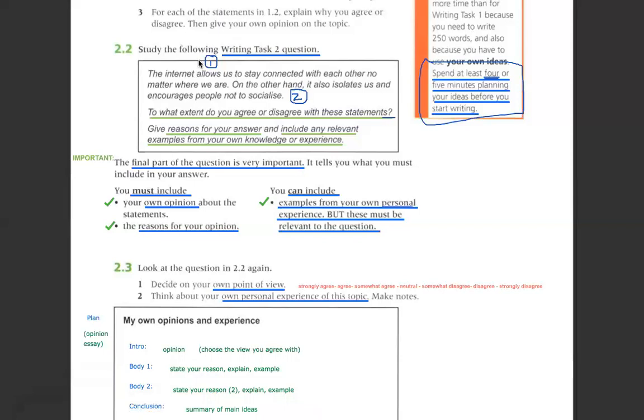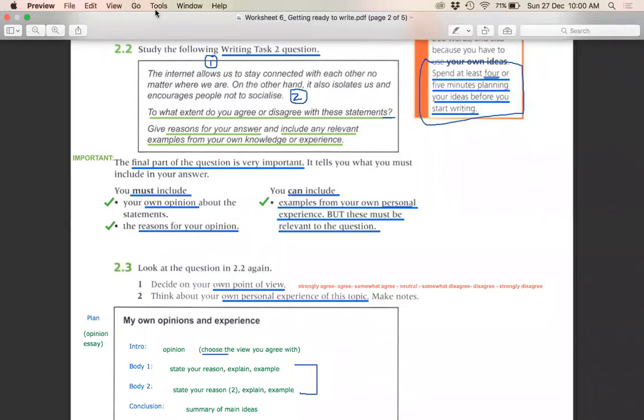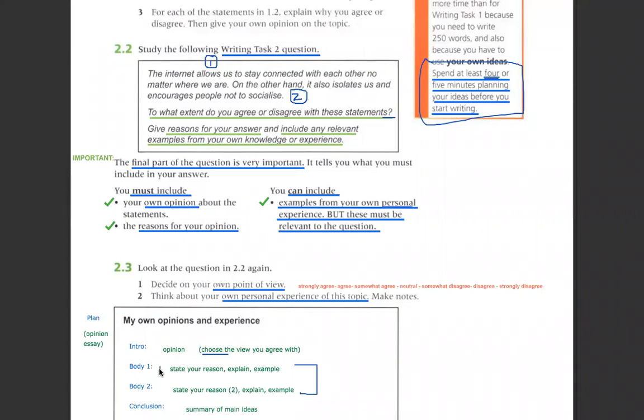But what's most important here is that you choose what your opinion is and that you write down some notes for your reasons. Okay, so this would be what your reason for your opinion for statement 1 is, and what your reason for your opinion for statement 2 is.